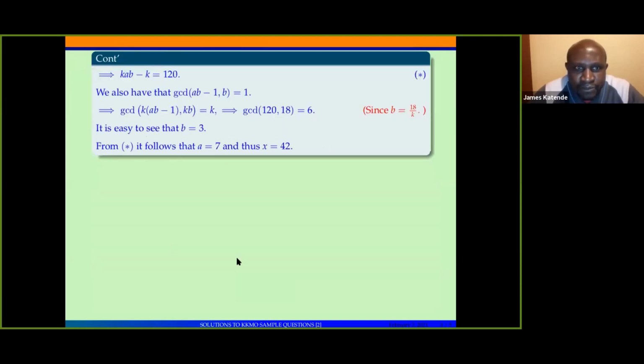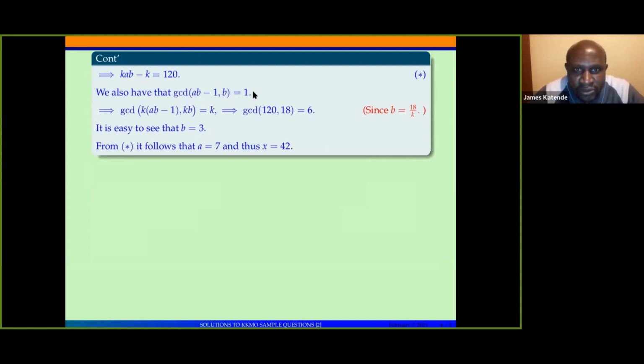Okay. So we know that this difference is 120 from before. Now there's this relationship here which says that the GCD of ab minus 1 and b must be equal to 1. So if it's not equal to 1, then it would mean that b is a factor of 1, which is not true.